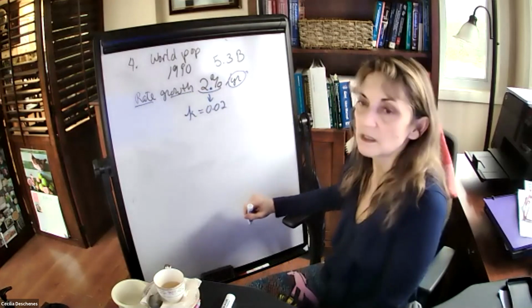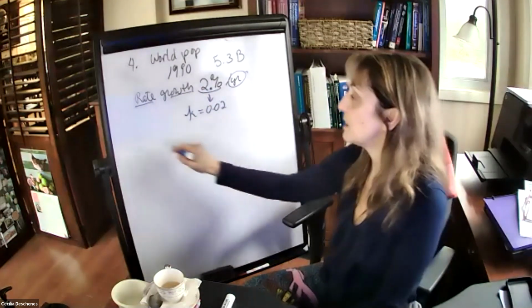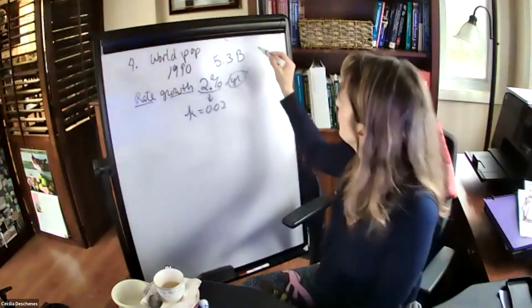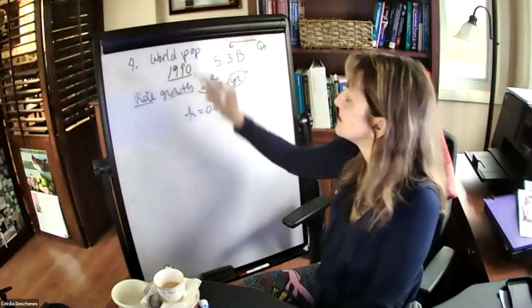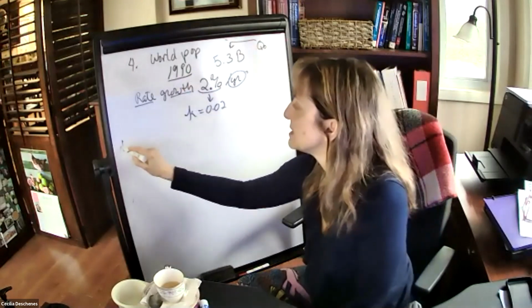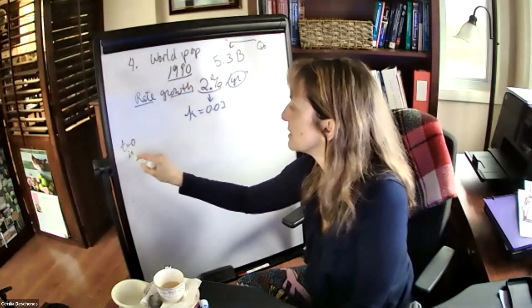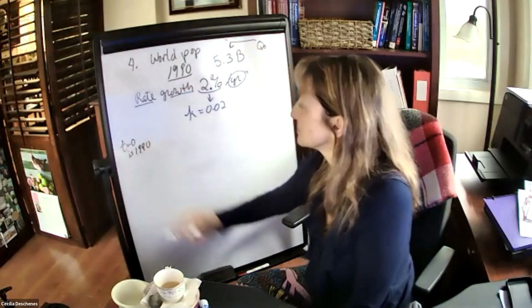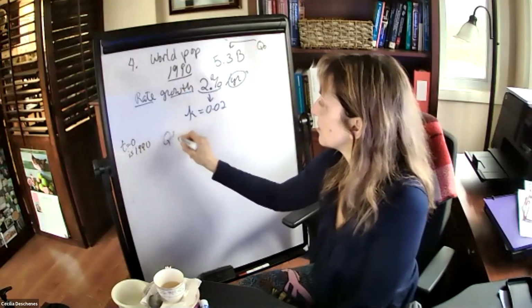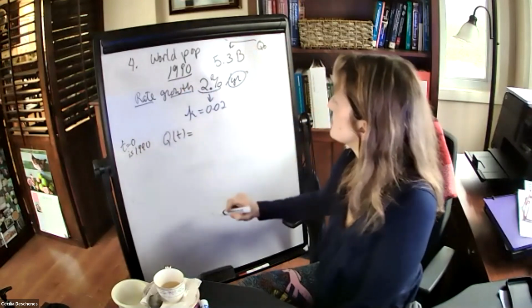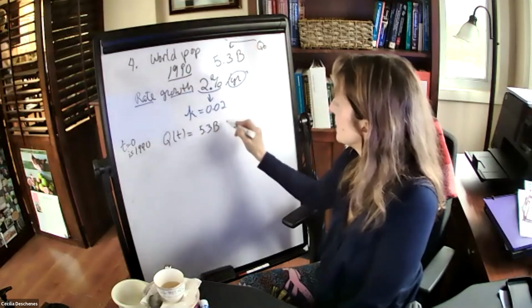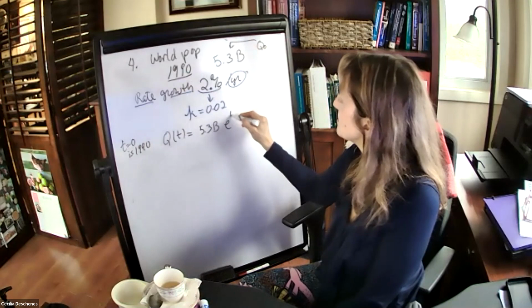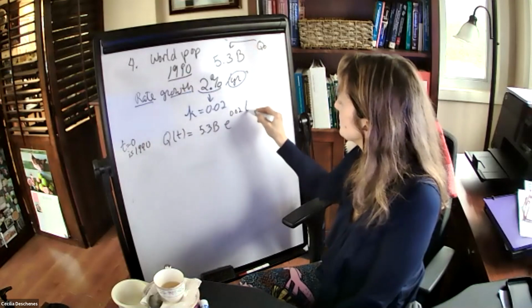So actually we're given everything we need now because we were given the Q naught, the initial quantity in 1990. So we're going to say t equals 0 is 1990. And then we have our formula that Q of t is going to equal 5.3 billion e raised to the 0.02 t.